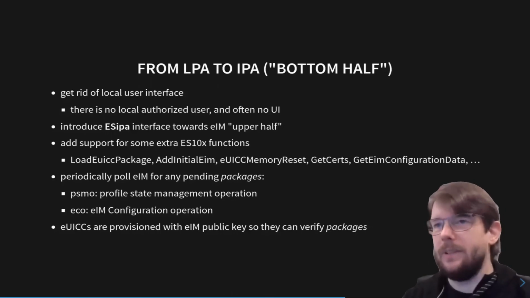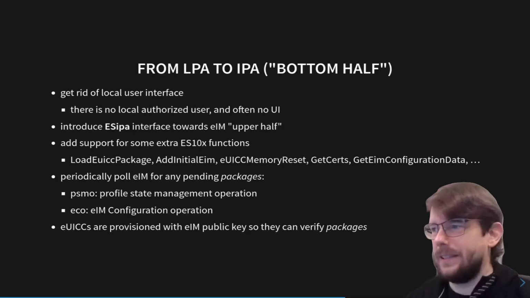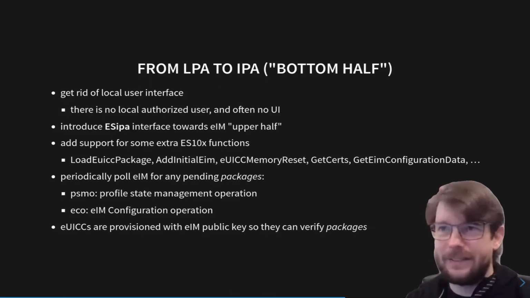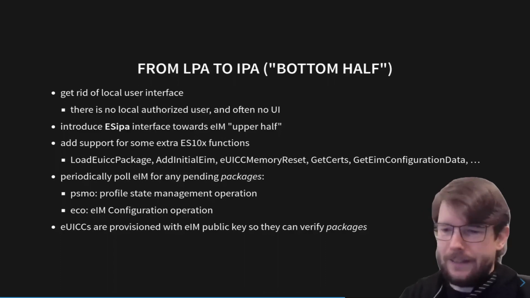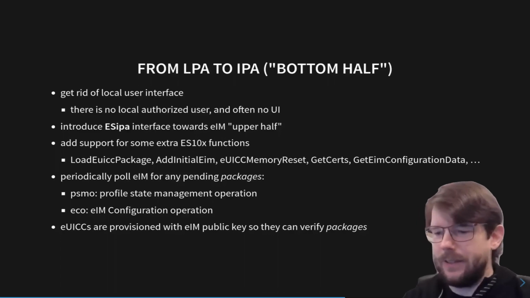So, for example, when you want to move from one EIM to another EIM, then you need to tell the eUICC what is the new host name and what's the new certificate for TLS or for the actual signing of the packages, and so on and so on. And to add or remove such EIM configuration, there are the ECO packages, the EIM configuration operation packages. The eUICCs are provisioned with EIM public keys, so they can verify those packages.